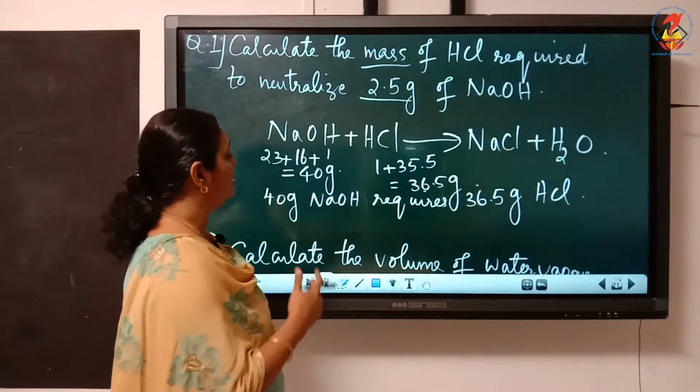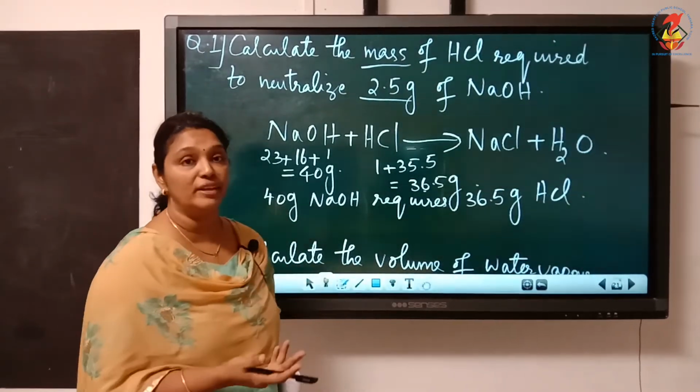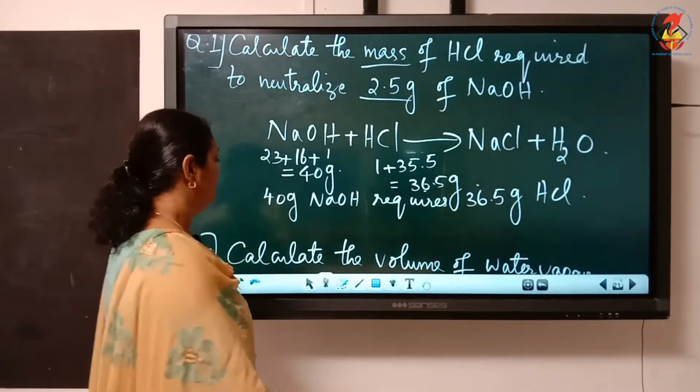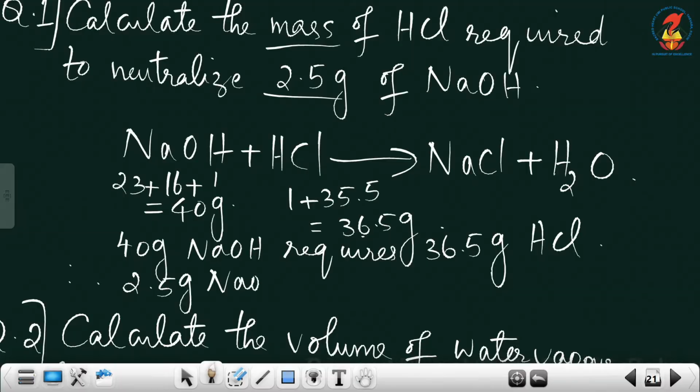Now, what mass of HCl is required to neutralize 2.5 gram of sodium hydroxide? Therefore, 2.5 gram sodium hydroxide will require X gram hydrochloric acid.